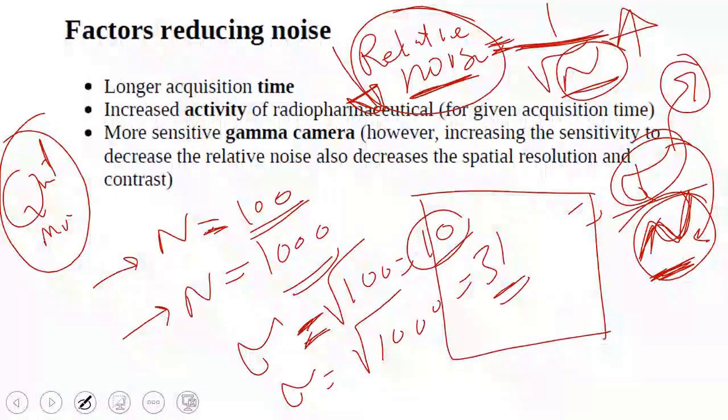Relative noise has an inverse relationship with the number of counts. If you increase the activity, you will increase the number of counts, and thus your relative noise will decrease. If you increase the sensitivity of the gamma camera, you will also increase the number of counts per minute you obtain per megabecquerel, and therefore reduce the relative noise.